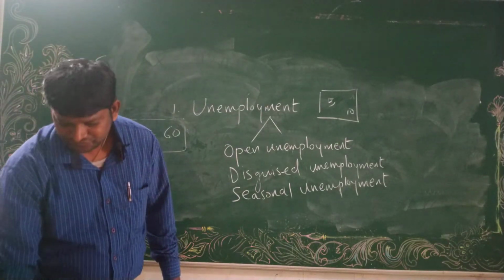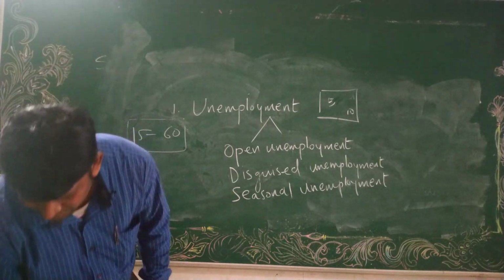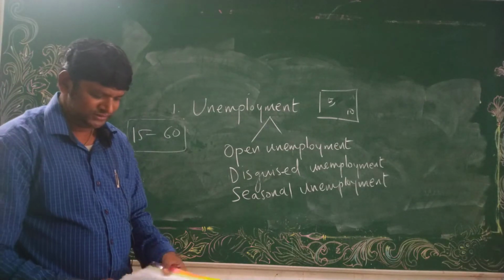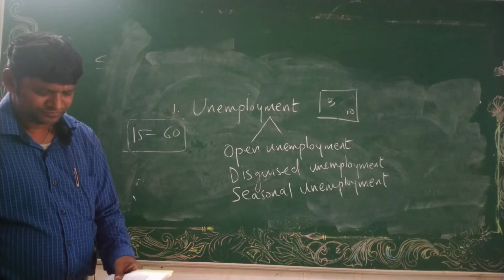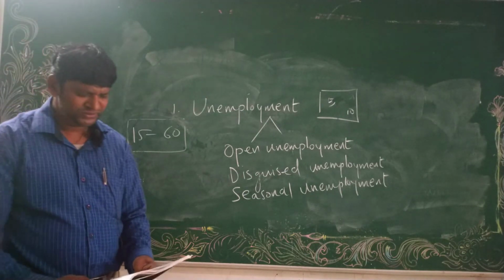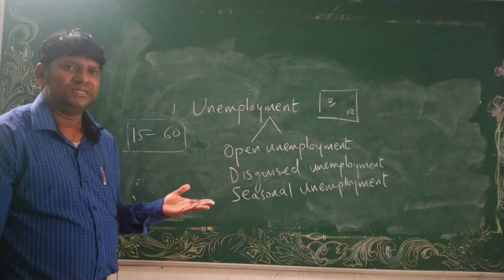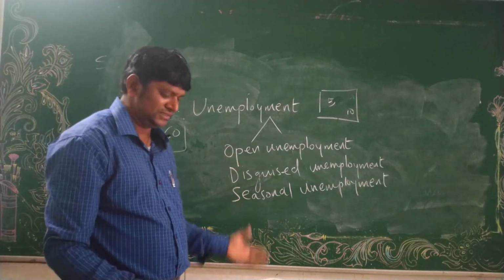Then, in India, there are so many reasons for unemployment. Number 1, shortage of natural resources. That is the number 1 cause. Number 2 cause is over-dependency on agriculture.